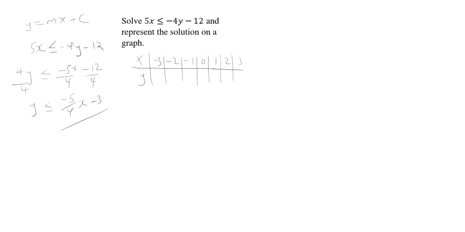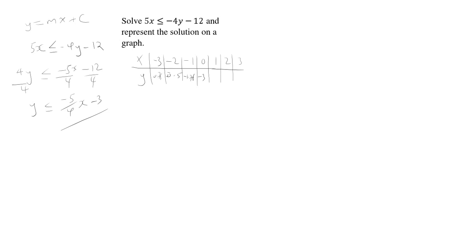So for example, in the first case, we substitute x equal to negative 3 here, and we get y as 0.75. For negative 2, we get negative 0.5. Then we get negative 1.75.